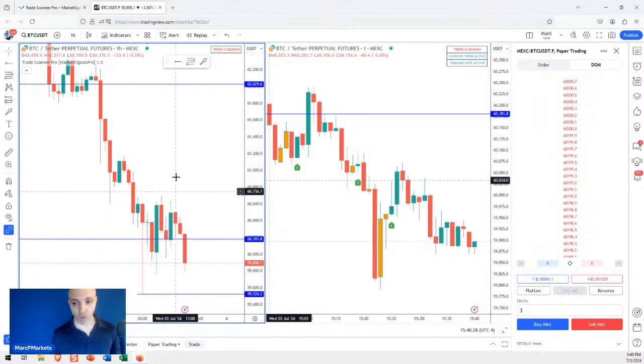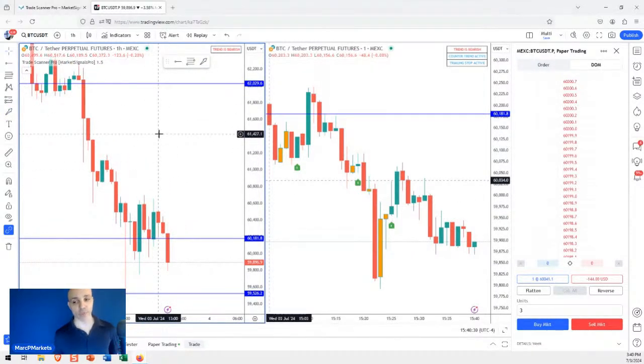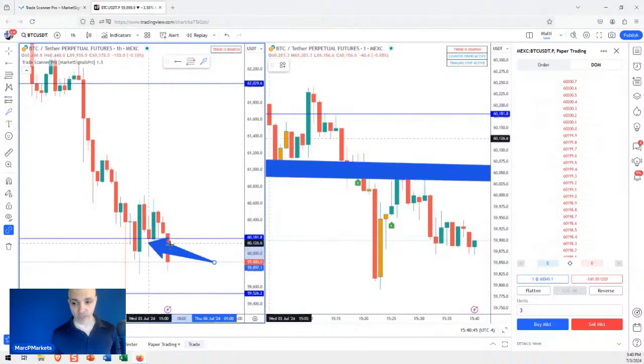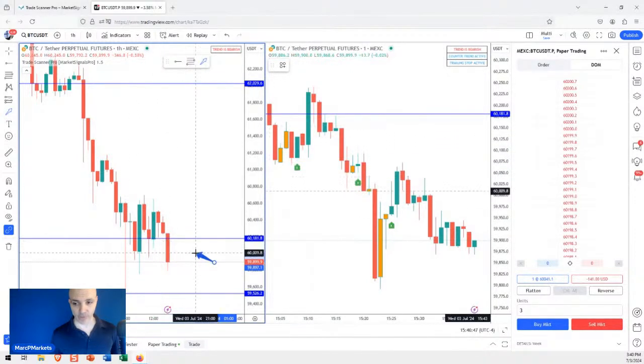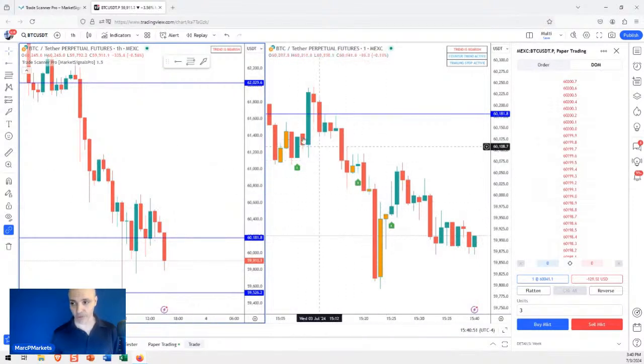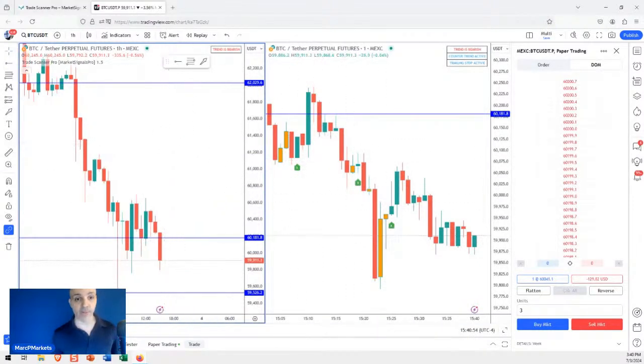You're looking for a long at a support or a short at a resistance, or you're looking for continuation patterns. Like to give you an idea, if we were fooling around in the middle here, I would probably be looking for continuation patterns more likely than looking for reversals. Continuation patterns here are risky. They could work. Obviously, some of these things worked here on the other side, but they're much riskier. And over time, that's what matters.